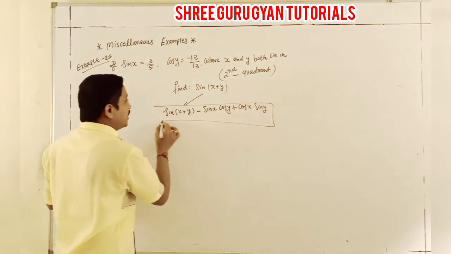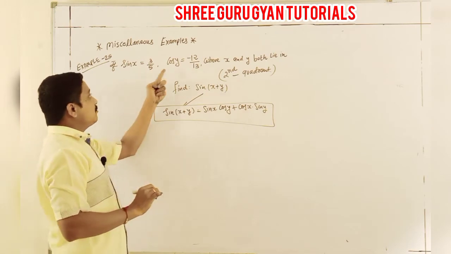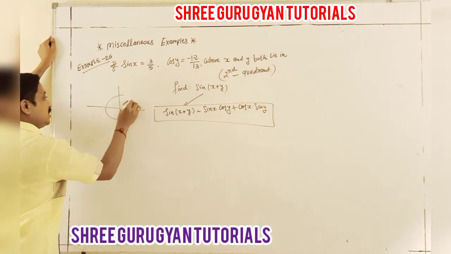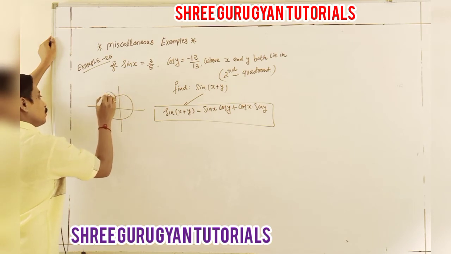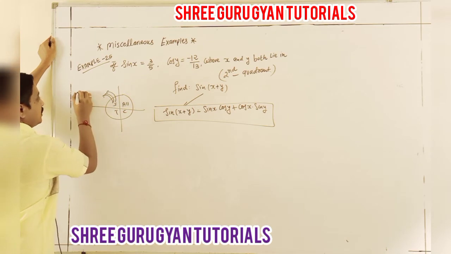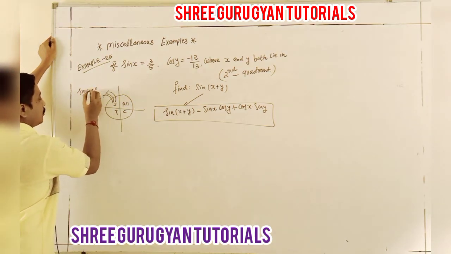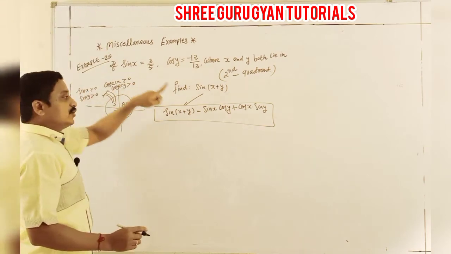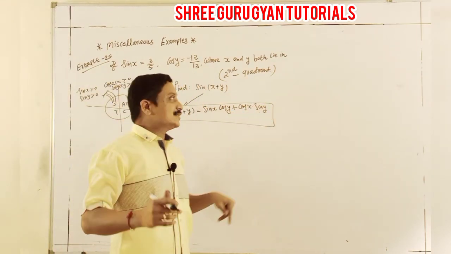Both are in the second quadrant. It means you are here. All STC: here sin x positive, sin y positive, cosec x positive and cosec y positive. But I want only sin and cos.